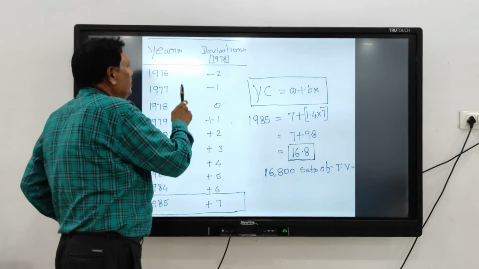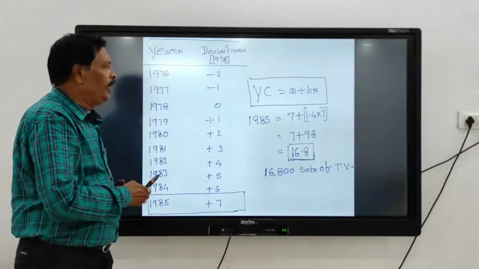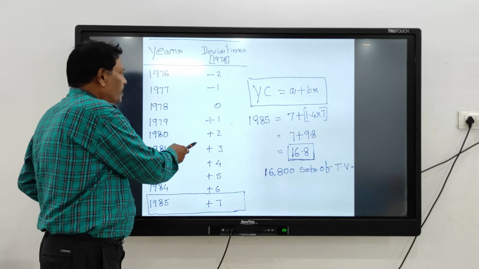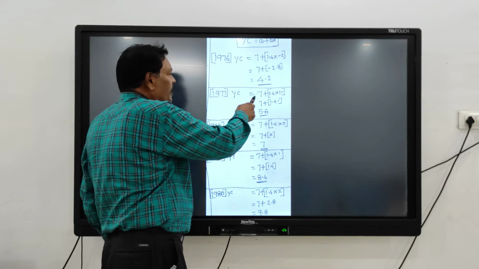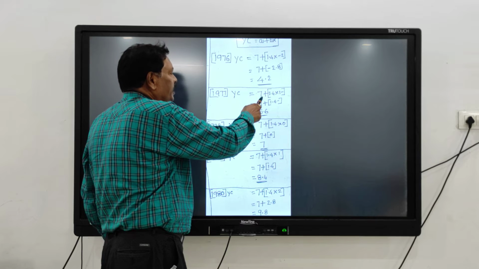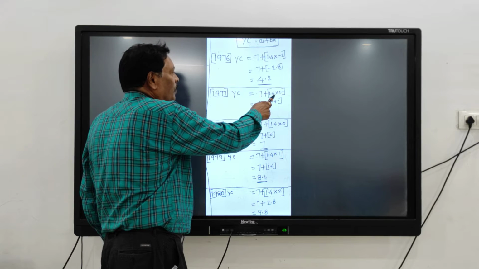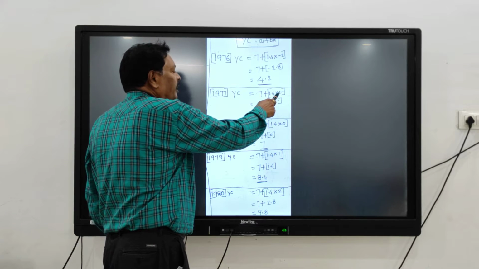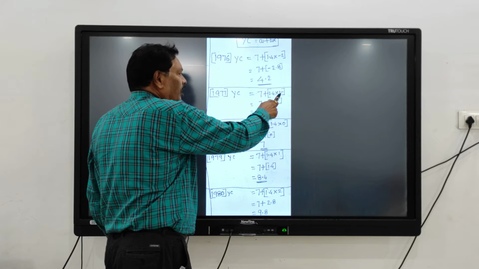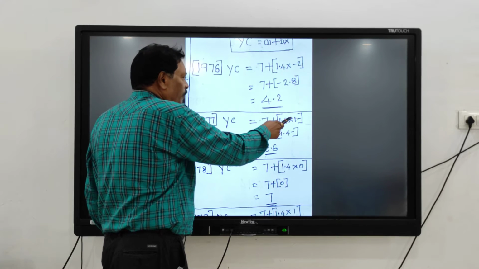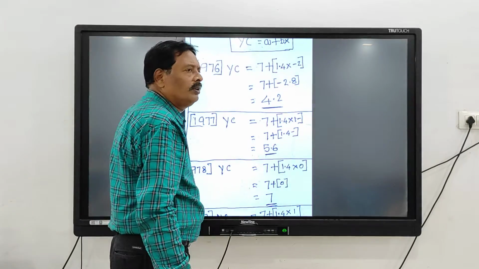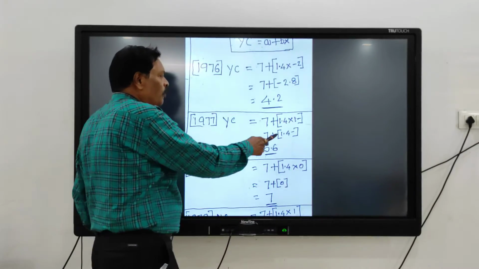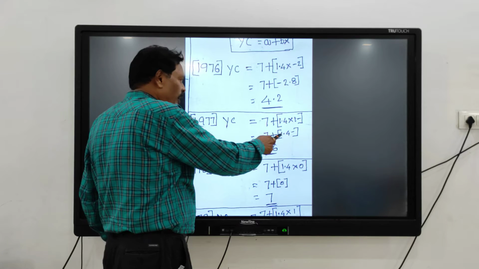By adopting this, yc is equal to a plus bx for the second year, 1977: yc is equal to a plus bx, 7 plus 1.4 into x, already calculated in the statement, minus 1. When you multiply minus 1 with 1.4, we get minus 1.4.